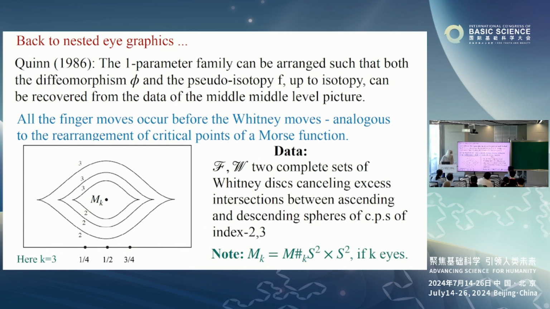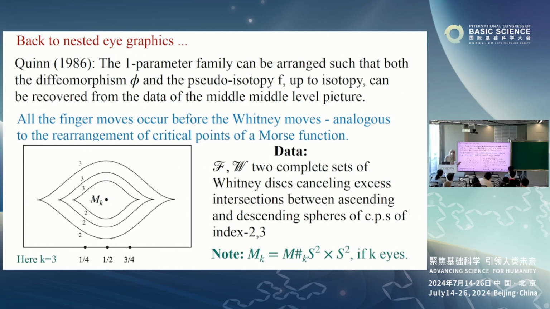And right here is an incredibly simple but powerful observation of Frank Quinn. Frank Quinn's observation is that if you have one of these nested graphics, then all the data, in some sense, is concentrated in one little spot, the middle level. So if the ambient manifold is 4-dimensional, you're looking at M cross I, and the one-parameter family, 6 dimensions.